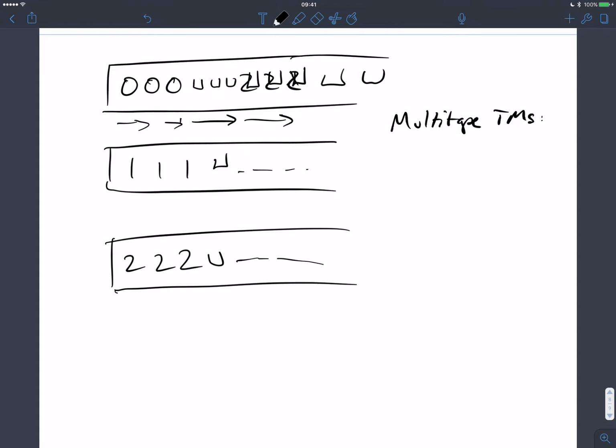Well, could a single tape Turing machine accept more than a multi-tape Turing machine can? Well, we'll see how that works, but could a multi-tape Turing machine accept more than a single tape machine can?